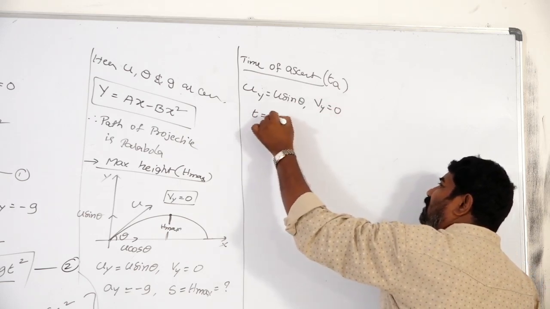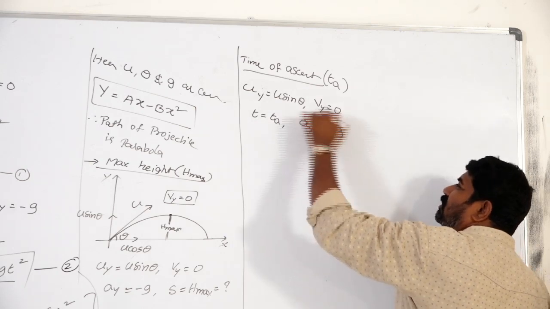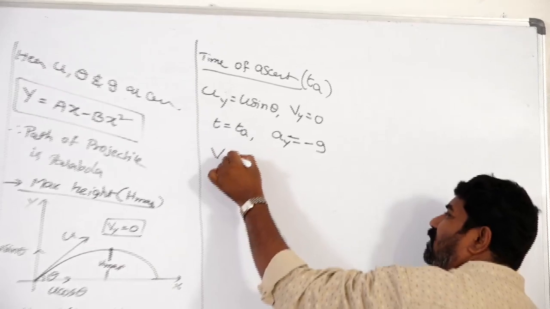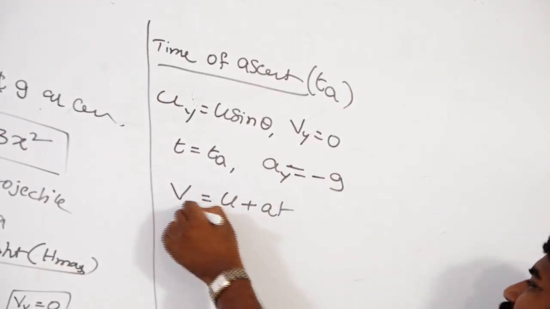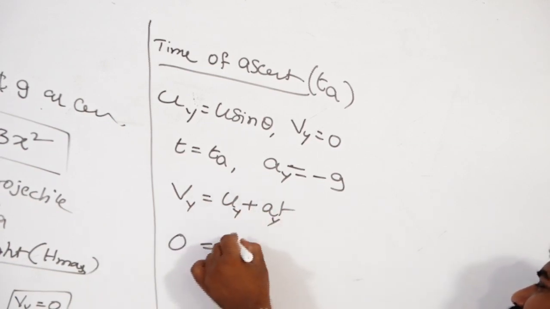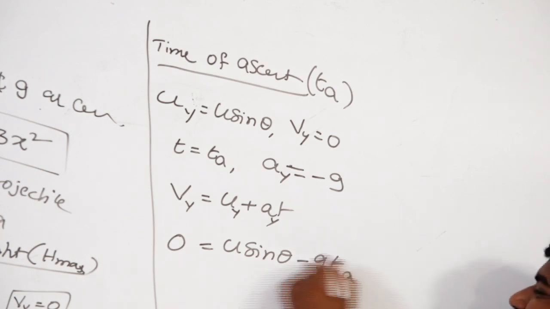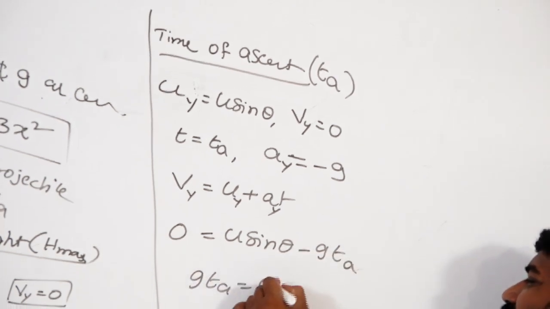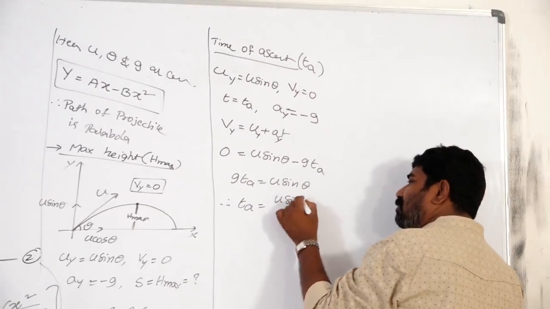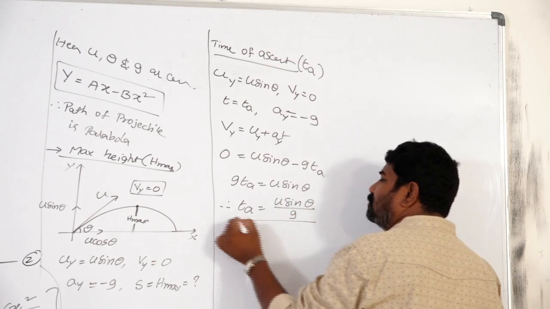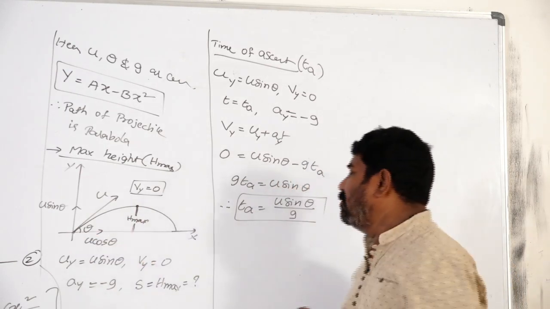Acceleration a_y is minus g. Using the kinematic equation v = u + at: v_y = 0 = u sin θ − g T_a, so g T_a = u sin θ. Therefore, time of ascent is u sin θ / g. This is the formula for the time taken to reach the maximum height.